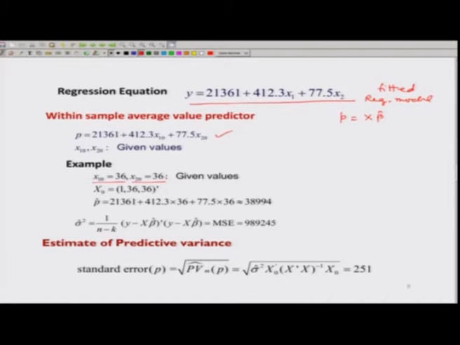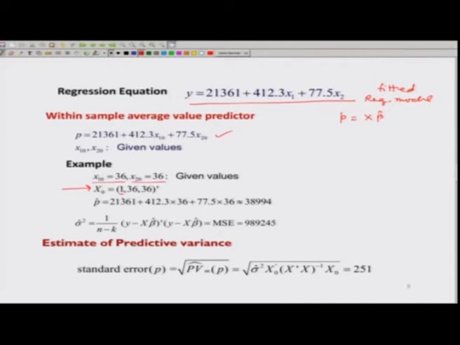As per our symbolic notations, x0 will be denoted by a 3 cross 1 vector whose first element is 1 and the other two elements are the values of x1 naught and x2 naught. This 1 indicates the presence of the intercept term in the model.